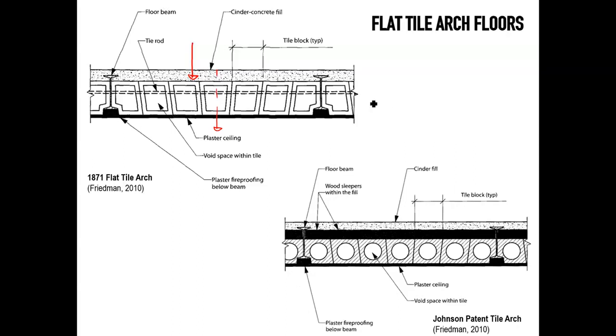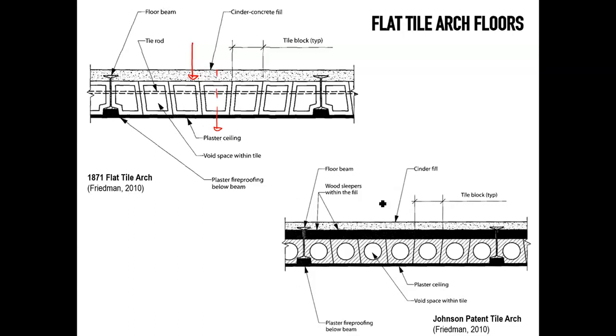And then on top of this flat arch, there is a topping of concrete with cinder, so a volcanic rock that makes the mix much lighter. And on top of that, there's also a tie rod that spans in between the beams to somehow protect and prevent this floor from falling down.